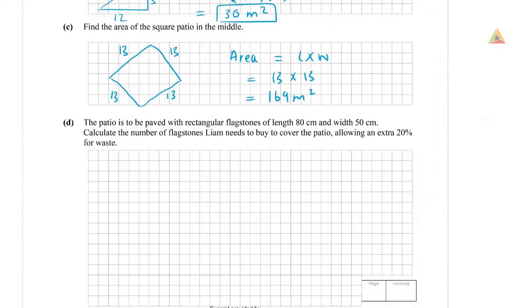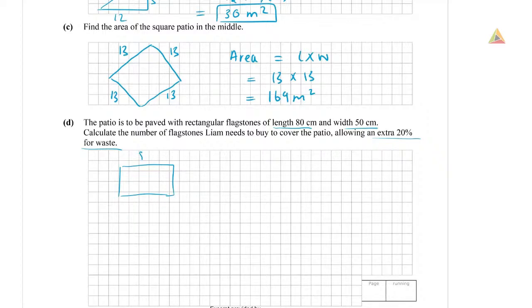So part D. The patio is to be paved with rectangular flagstones of length 80 centimeters and width 50 centimeters. Calculate the number of flagstones that Liam needs to buy in order to cover the patio, allowing an extra 20% for waste. Okay, so the first thing we do there is draw a quick sketch of one of the flagstones. So it's a rectangular shape, which it has stated.